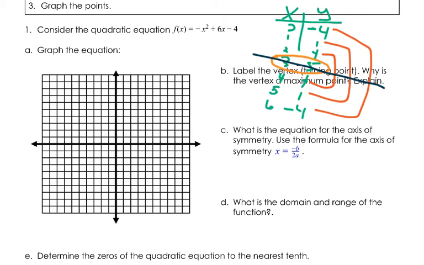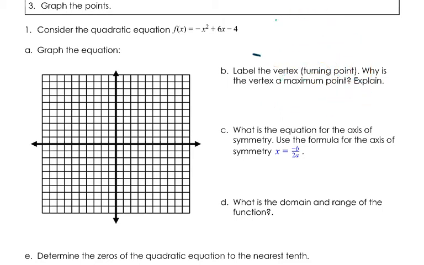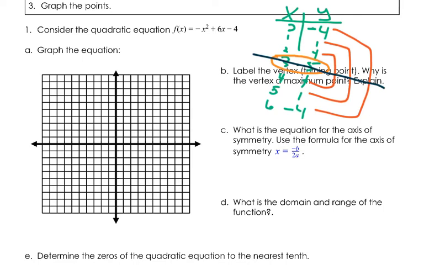Okay, so I'm just actually going to clear that. And let's start graphing and plotting these points. Oh, I should have kept it up to help us graph first.